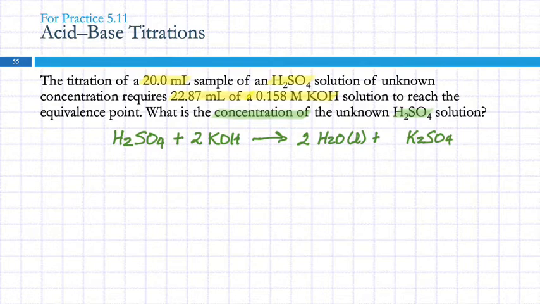So I'm going to write these volumes under the formulas for those compounds. So the sulfuric acid, there's 20 milliliters, and the potassium hydroxide, there's 22.87 milliliters. And then this is the concentration of the KOH. So 0.158.